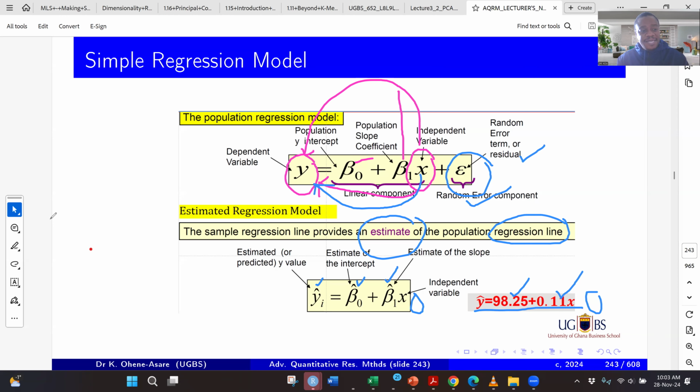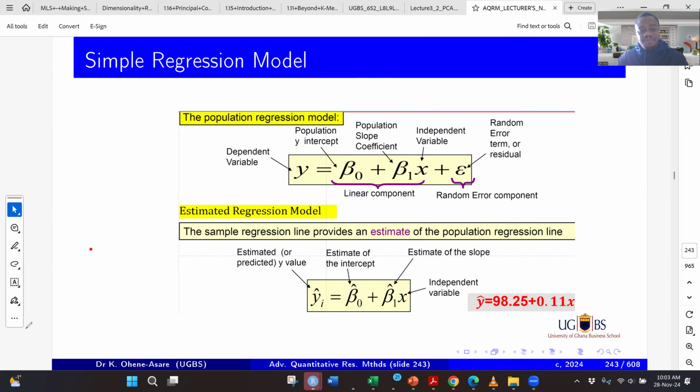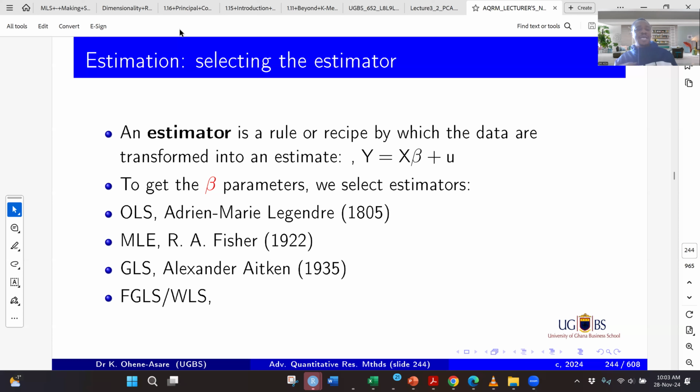Good. Now let's get a little bit deeper into this point. How is the estimation done? Remember, it is a process of minimizing the error that will eventually lead to the beta parameters that you wanted. And these beta parameters now become coefficients, in the sense that they are numerical values and not Greek letters anymore.